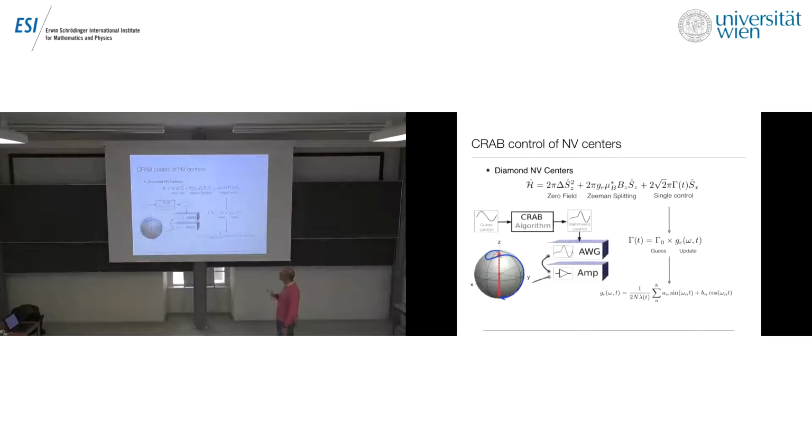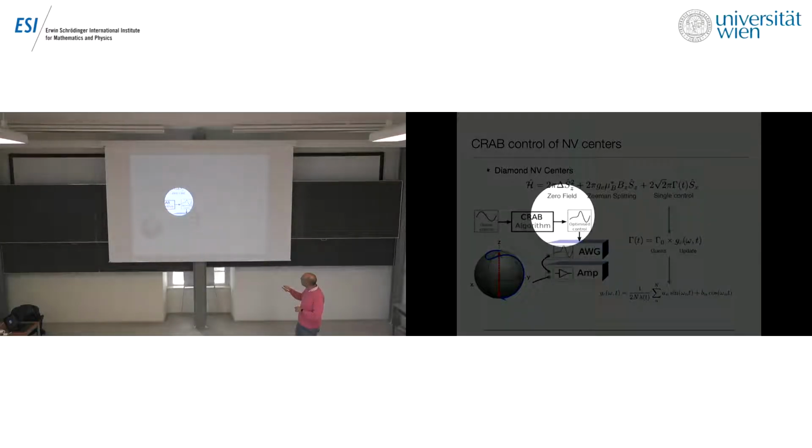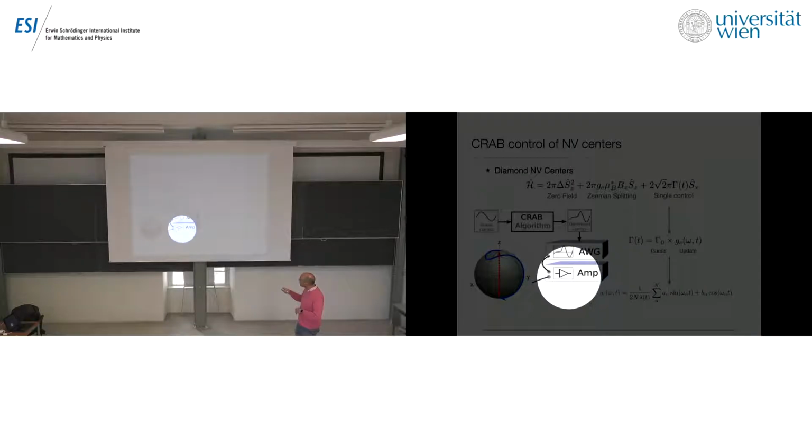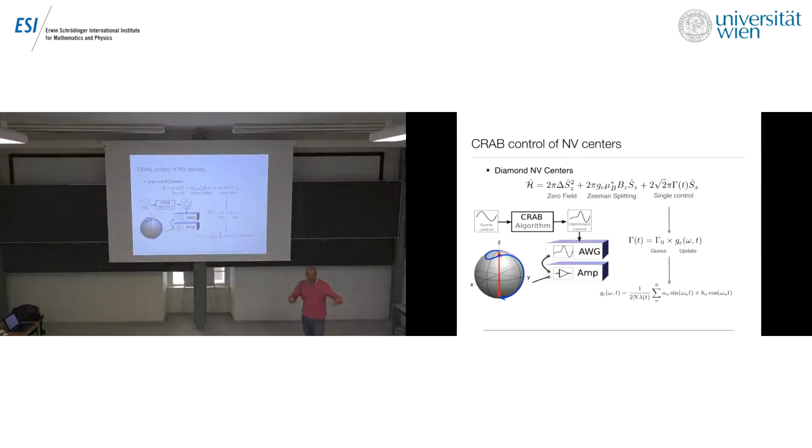Here is, for instance, a picture of what you get if you take into account everything. So this is still open loop, but it takes into account the waveform generator that they have and the amplifier and all the electronics, which take the signal that you want to put into the system and distort it in some way, but you can take that into account, and you get some rotation.